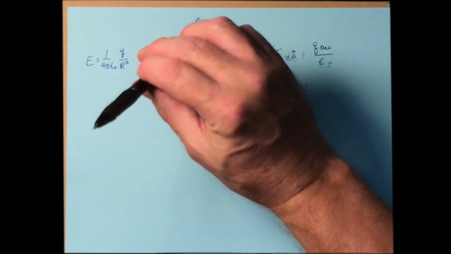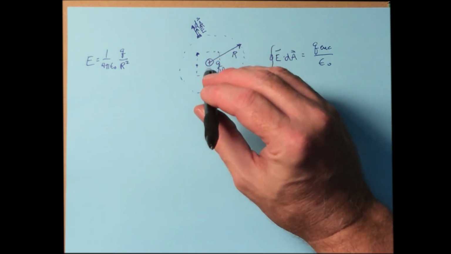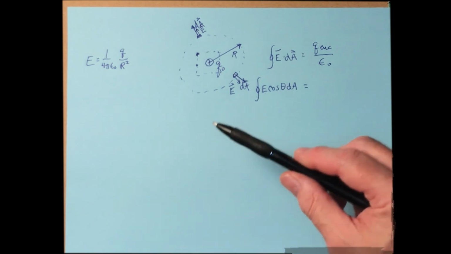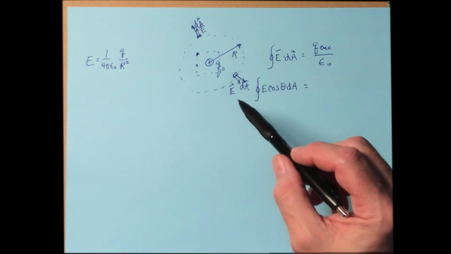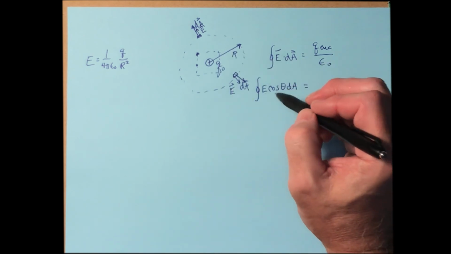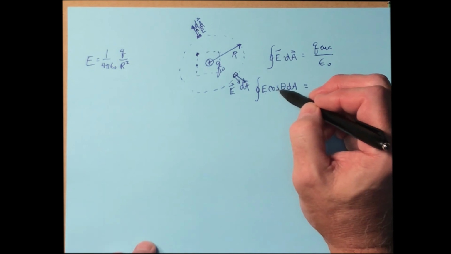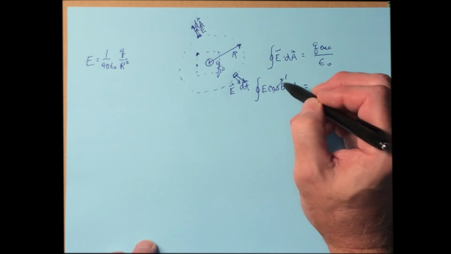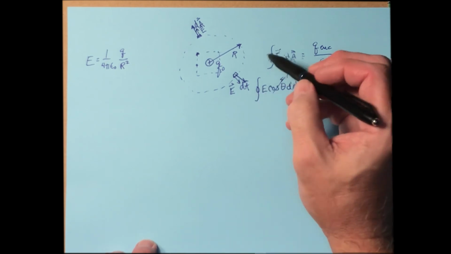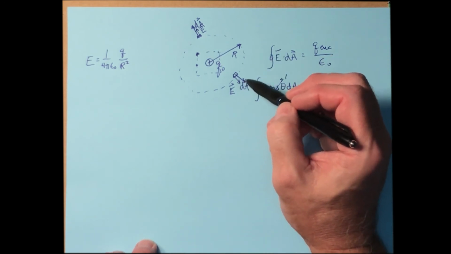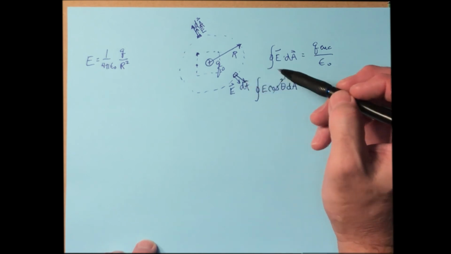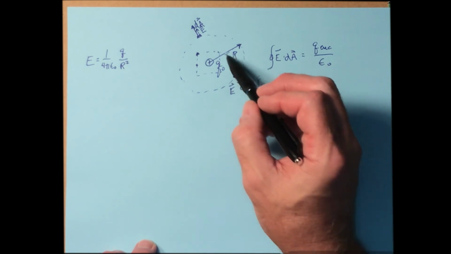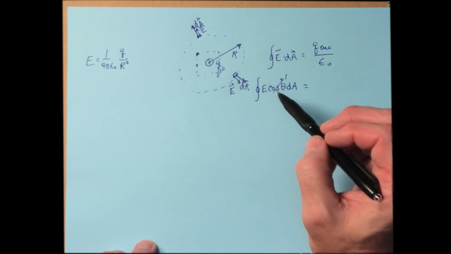Regardless of which direction you're talking about, the electric field lines point radially outward from the positive charge, and so do those dA vectors. So what does that mean? The cosine theta is a constant at every point on the surface, so it's going to be 1, and we'll just factor it out. Why is it 1? Because the angle between the E and the dA is 0 degrees. Cosine of 0 is 1, and it is true for every point on the surface.